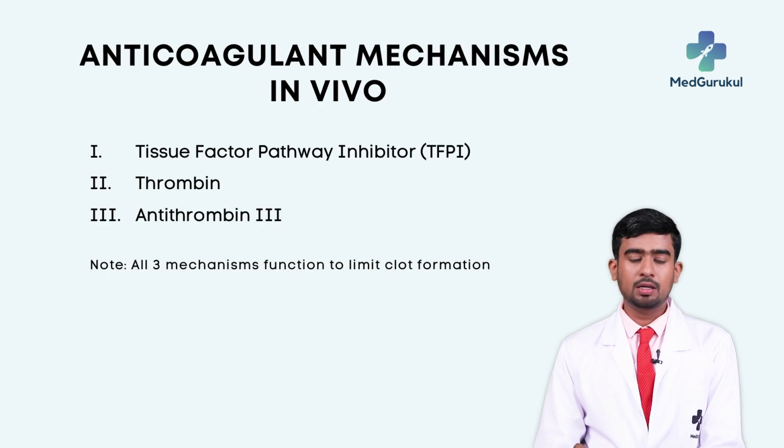Now, coming to the mechanism of action of various anticoagulants which are present in vivo, that is, which are present within the body or within the blood vessel, which prevents the clotting of blood while it is present inside the blood vessel. We all know that when the blood is present within the blood vessel, it is not good for the blood to clot, because we need a constant flow of blood.